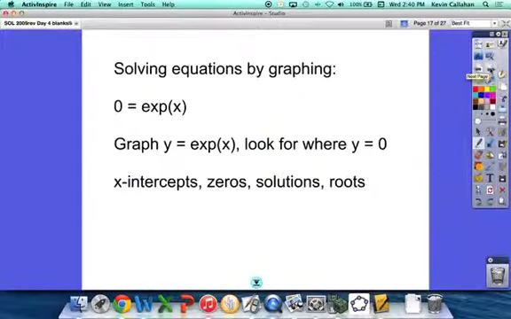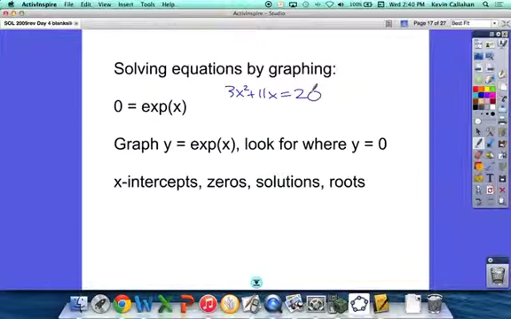Okay, solving by graphing. Let's say we had an equation like 3x squared plus 11x equals 20, which is one of our homework problems too. And we wanted to solve it by graphing.